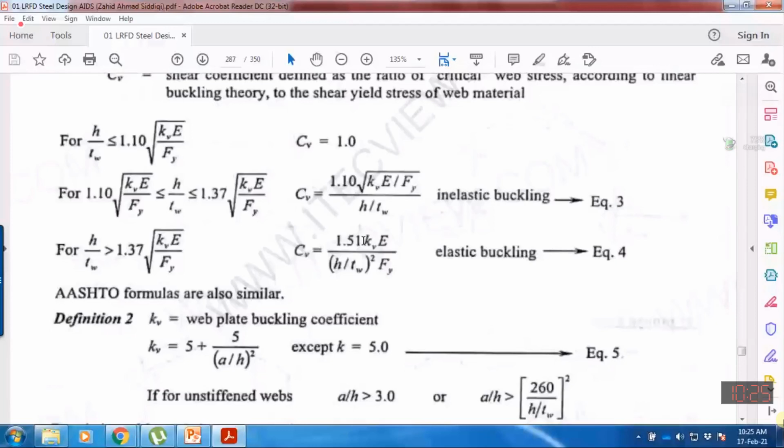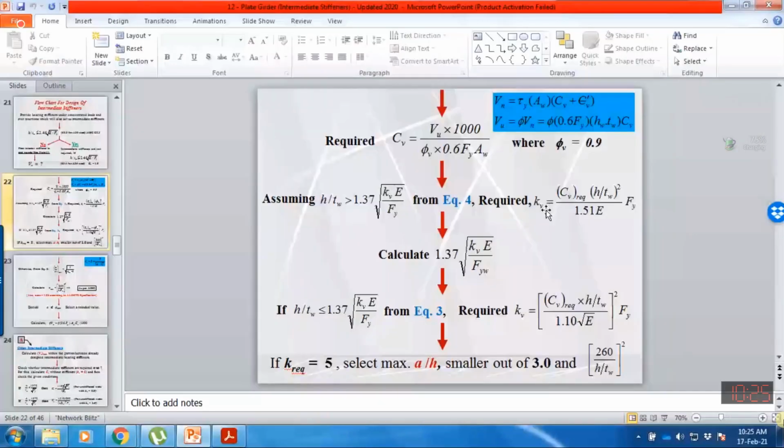Using equation number 4, we can determine the kV value because we have just determined the CV value from here. We have got this equation from here by cross multiplication. We have represented this equation in terms of CV because we want to determine the kV value.